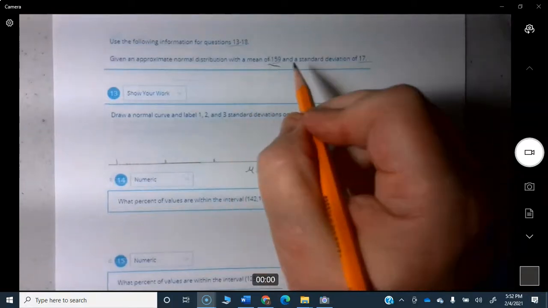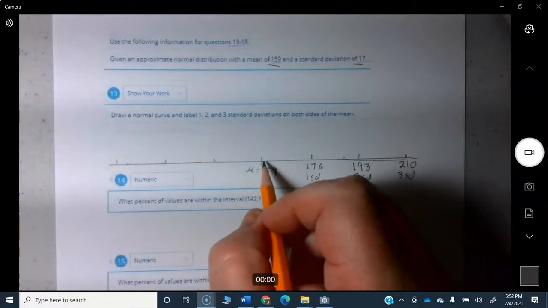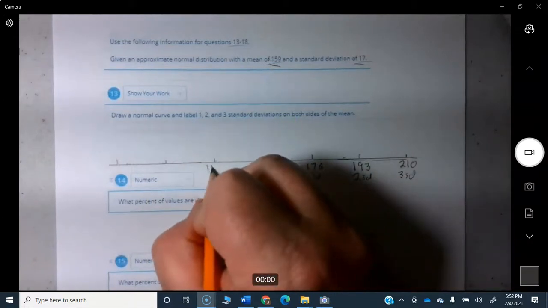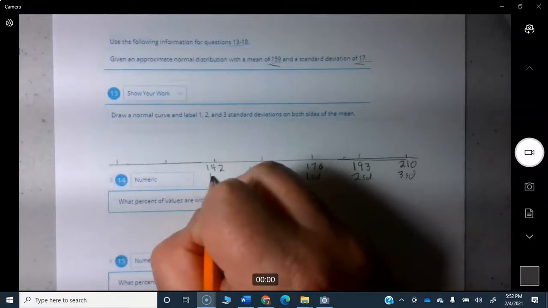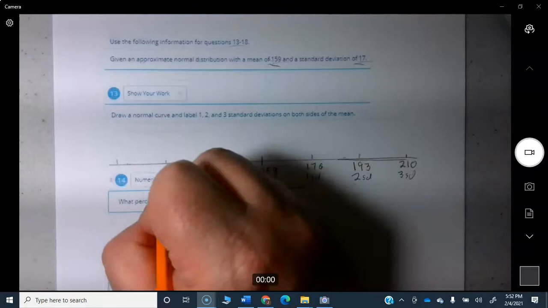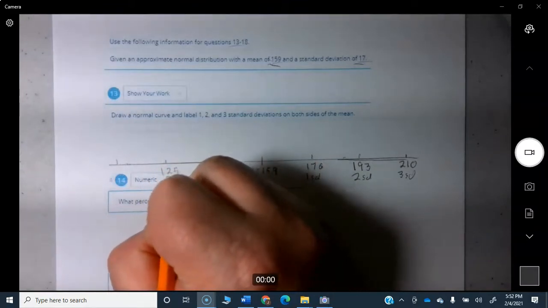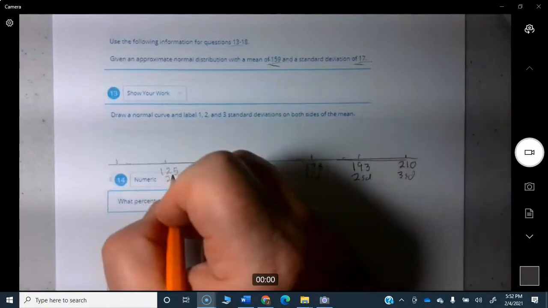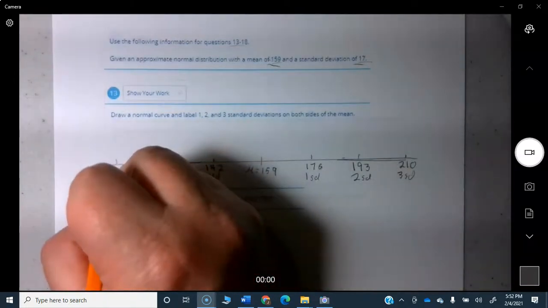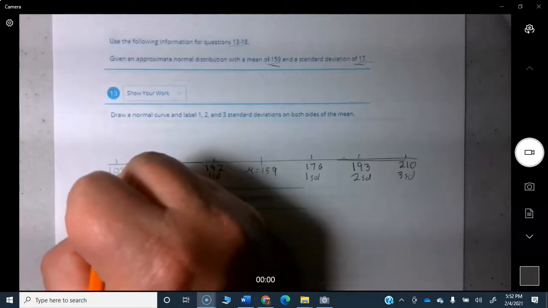Again, 159 and 17, and that's where I got those numbers from. Now 159 minus 17 is 142. That's 1 standard deviation below. Minus another 17 is 125. That's 2 standard deviations. And minus another 17 is going to be 108. And that's 3 standard deviations there.